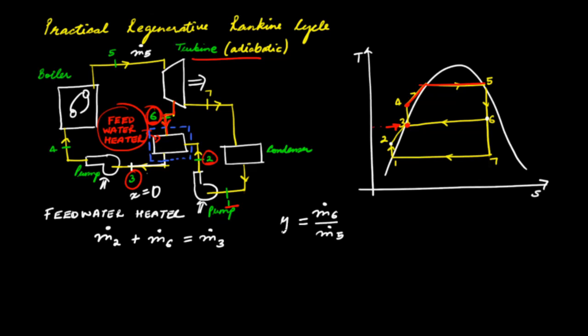the fraction of steam that is extracted midway during the expansion process at state 6 is given by y. Therefore m dot 6 is equal to y times m dot 5, and the remaining goes through the exit 7, that is m dot 7 would be equal to (1 minus y) times m dot 5.